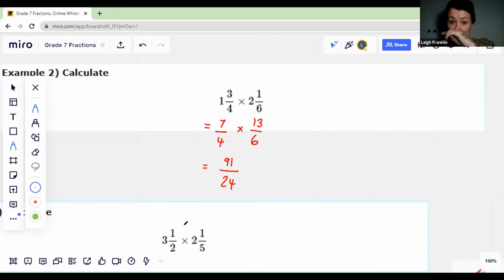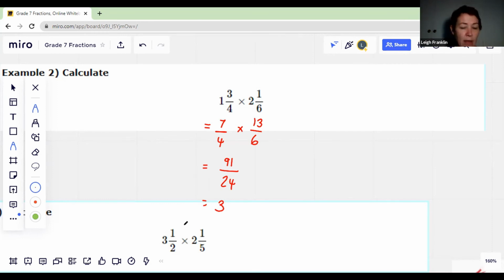Ma'am, I think twice. Okay. 3 times. Somebody else says 3. Okay, so 1 times, 3 times 24. It's going to go in 3 times. You're right. Because 1 times 24 is 24, 2 times 24 is 48, 3 times 24 is going to give us 72. Okay, so now we've got to find the difference between 91 and 72.